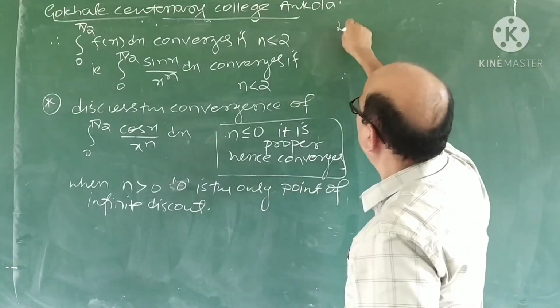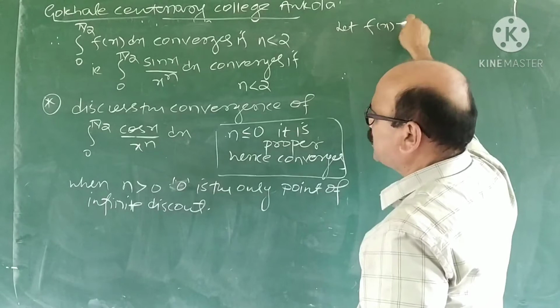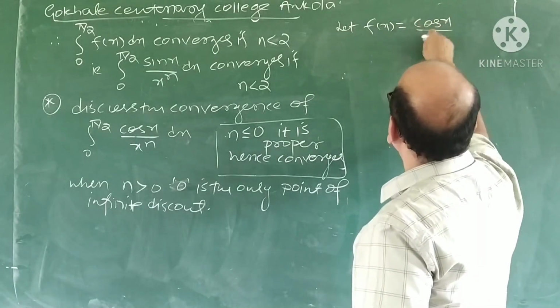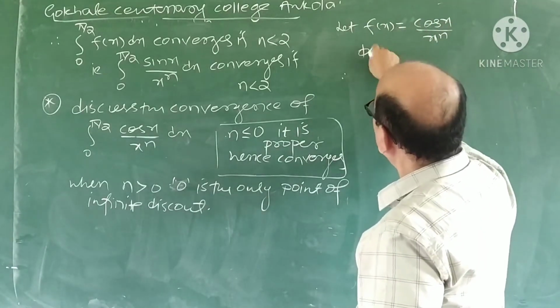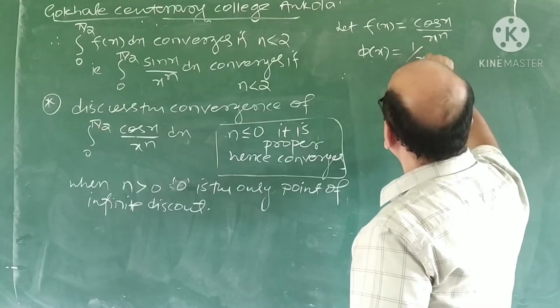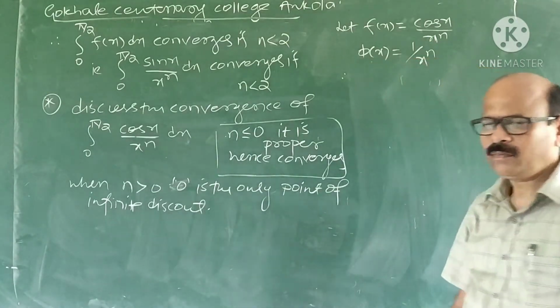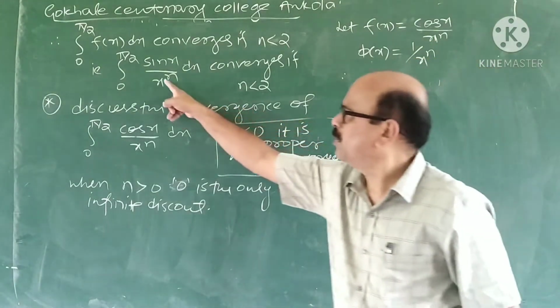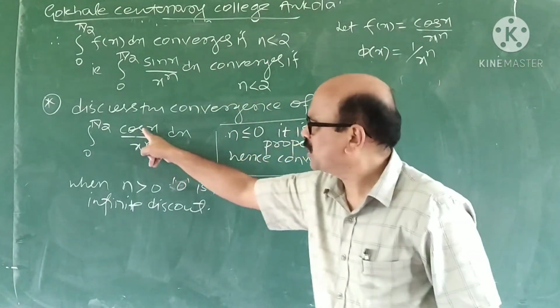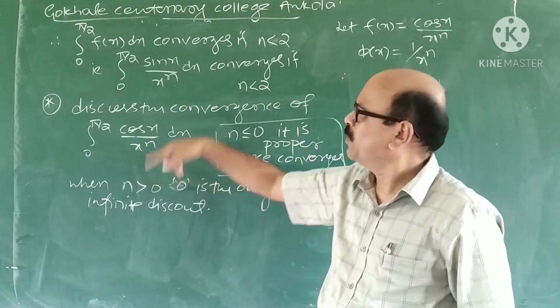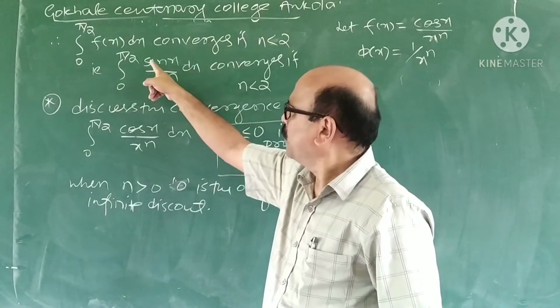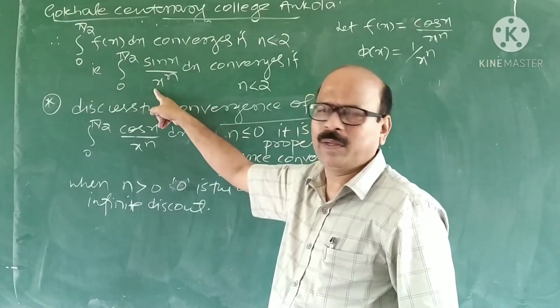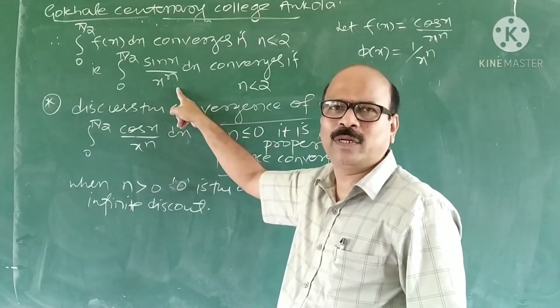What is f(x)? Take f(x) as cos x by x raised to n, and phi(x) as 1 upon x raised to n. See the difference from the previous problem. In the previous example, we took f(x) as sin x by x and phi(x) as 1 upon x raised to n minus 1.